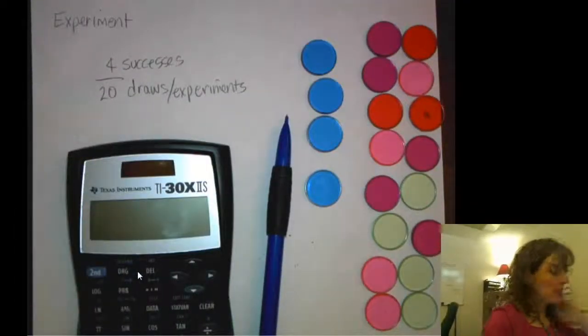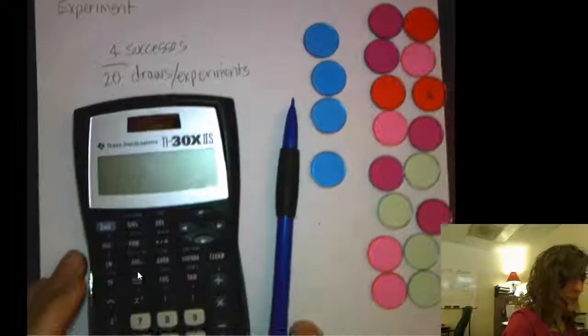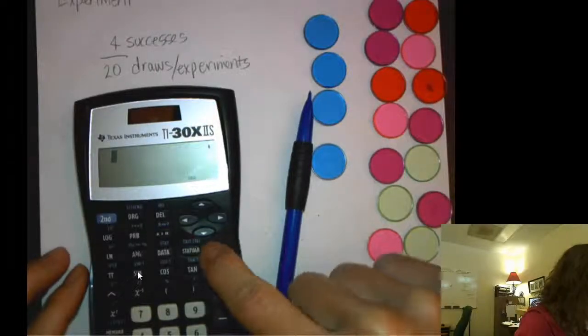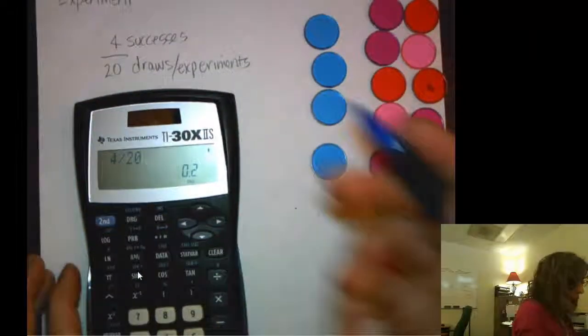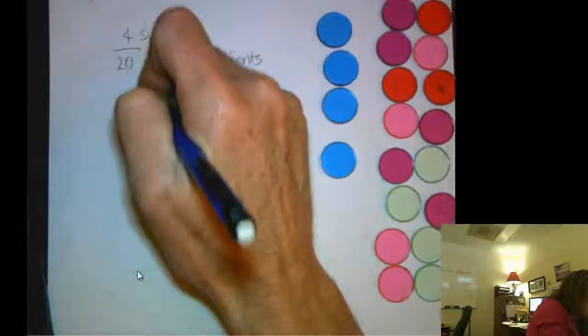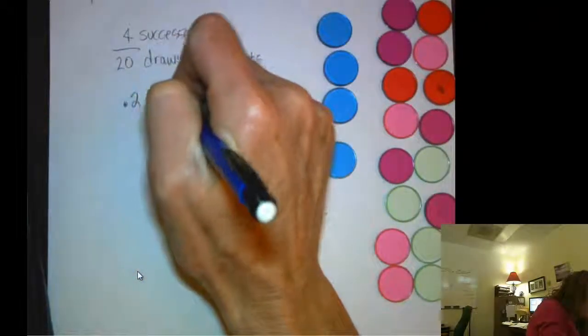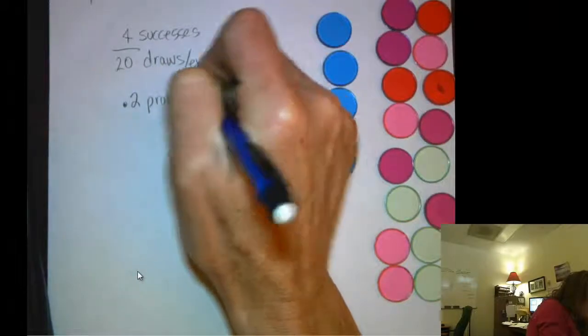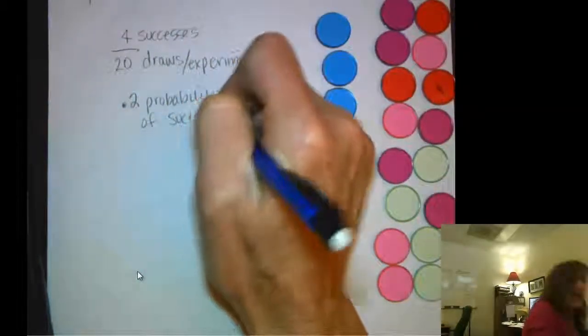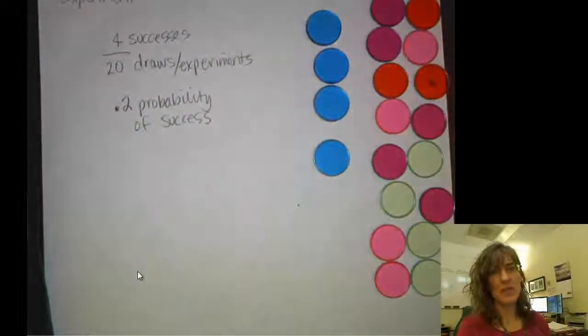So if I look at my calculator, I want to just divide there, 4 divided by 20, and I get 0.2. So I have a 0.2 probability of success for this experiment as I've designed it.